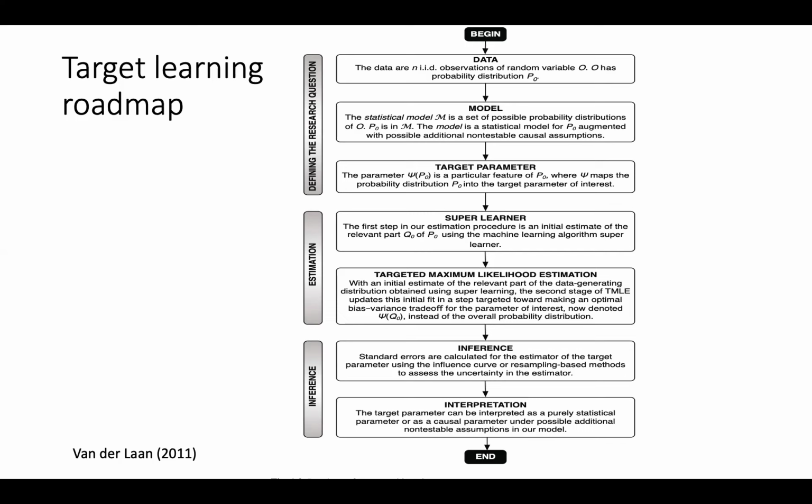Then we're going to use machine learning if we want. We don't have to, but it's better to use machine learning because it gives you more flexibility. We compute an initial estimate of our target parameter. And then this is where the newest part comes in.